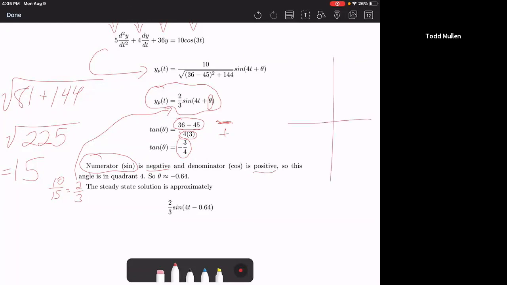If you want to have a negative sine and a positive cos, you're right down here. So that is still part of the rightmost portion here. So we can just take the arctangent. So that value is negative 0.64. So our steady state solution is approximately 2/3 sine 4t minus 0.64.